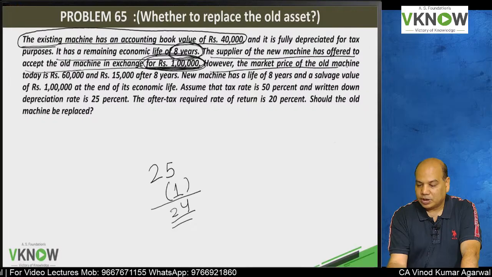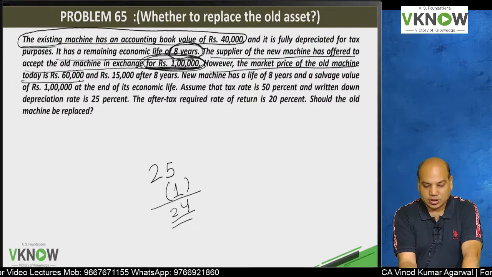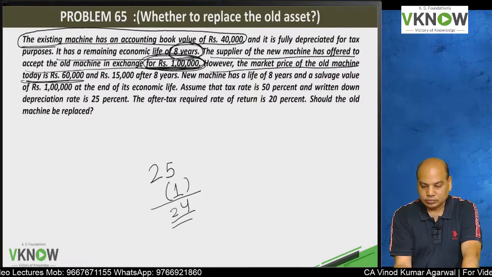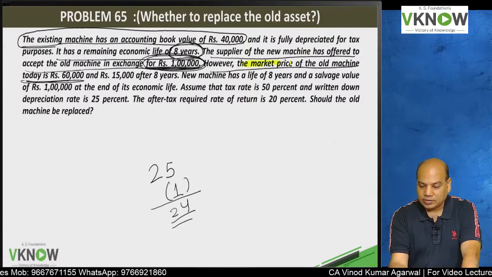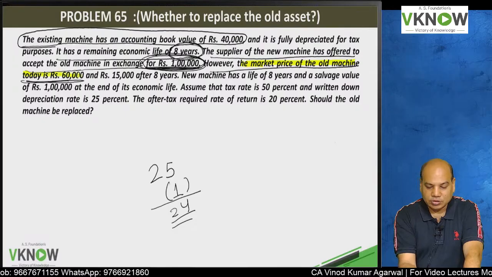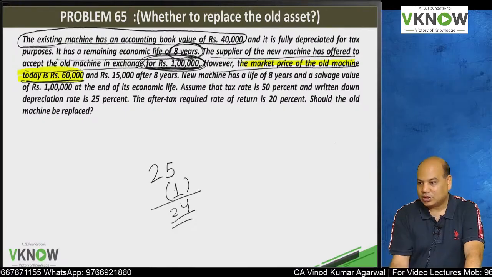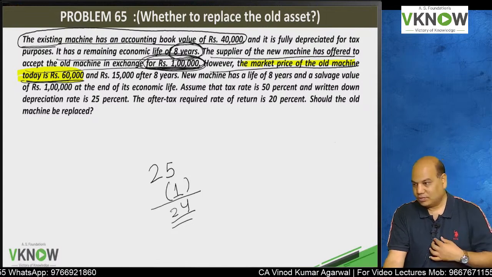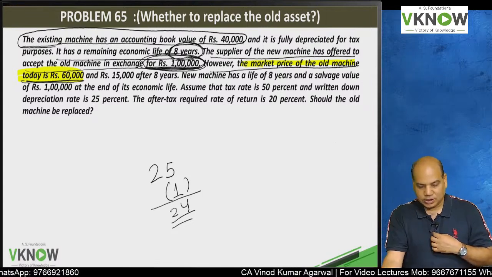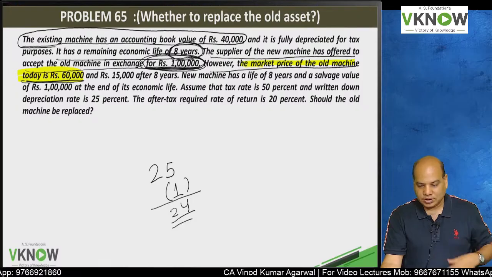However, the market price of the old machine is 60,000 today. Oh my God. Whether this is relevant? Quickly reply, otherwise there is no charm in learning and no charm in teaching. I would better record and give it to you. Whether the old machine selling price is relevant?